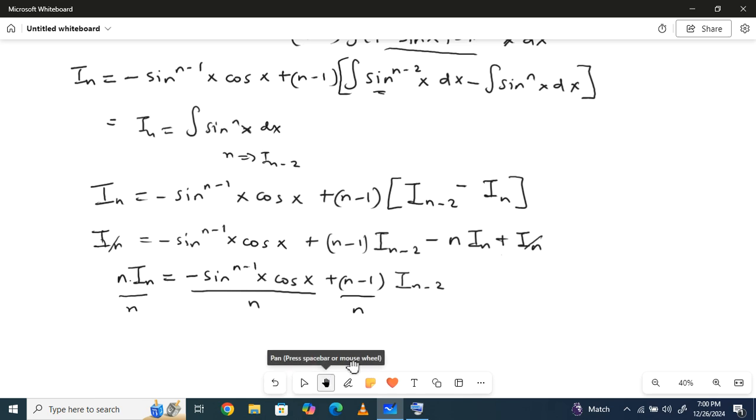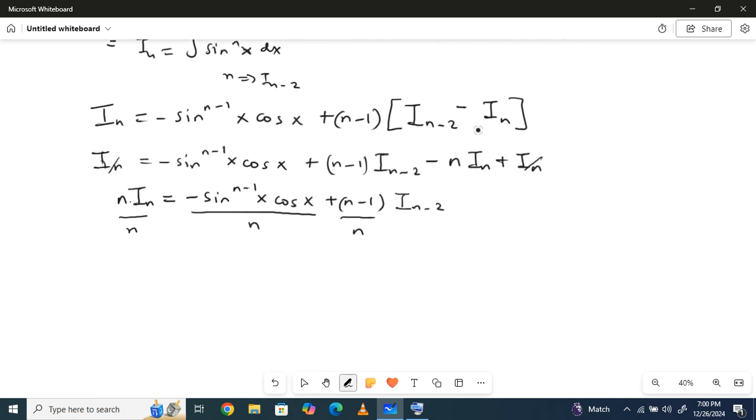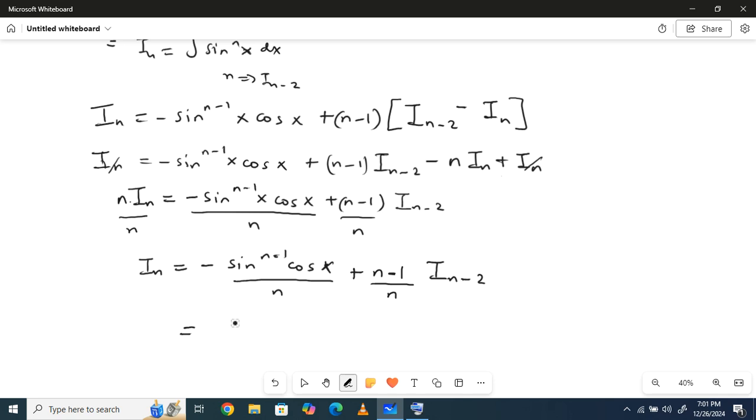And now finally we have our formula: I n is equal to minus sine n minus 1 x cos x over n plus n minus 1 over n times I n minus 2.